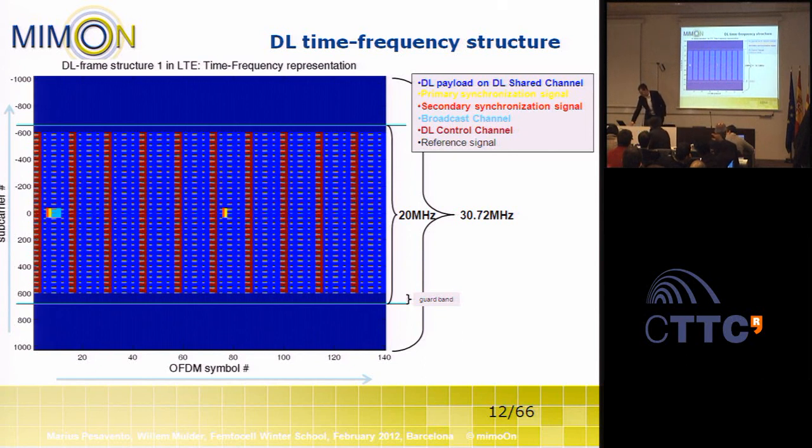And we also see the broadcast channel that is also 36 subcarriers around DC. So this is basically the minimum bandwidth. The 36 subcarriers around DC is the minimum bandwidth that each LTE cell must have, because every LTE cell should be able to transmit these synchronization sequences and the broadcast channel.